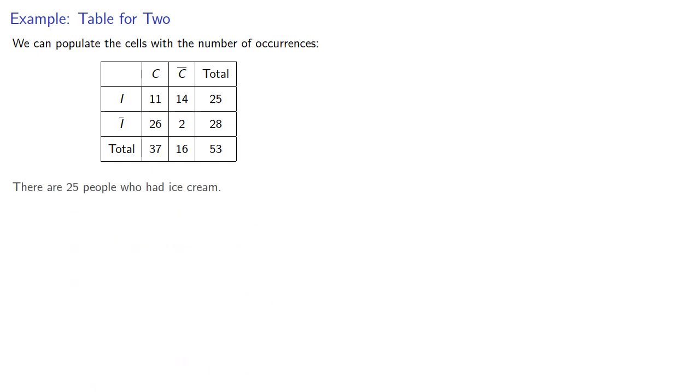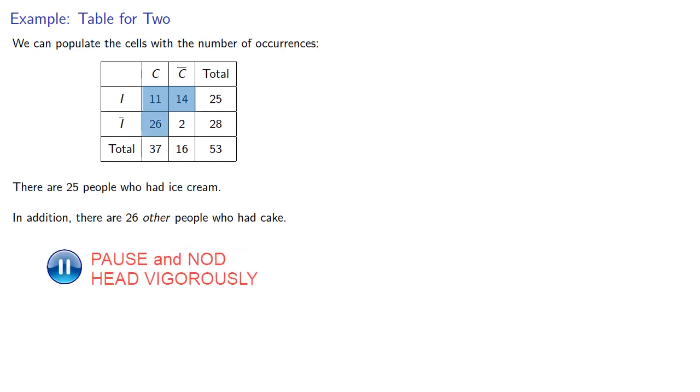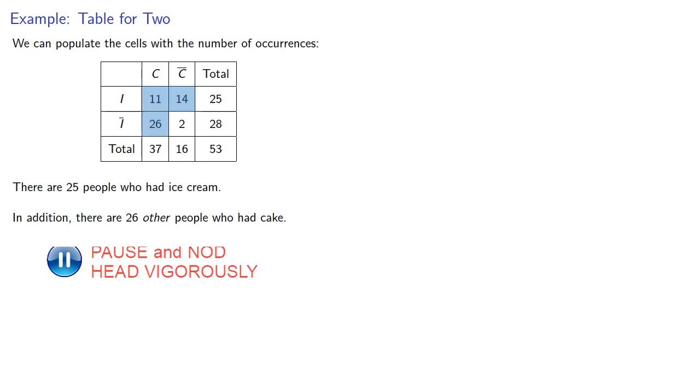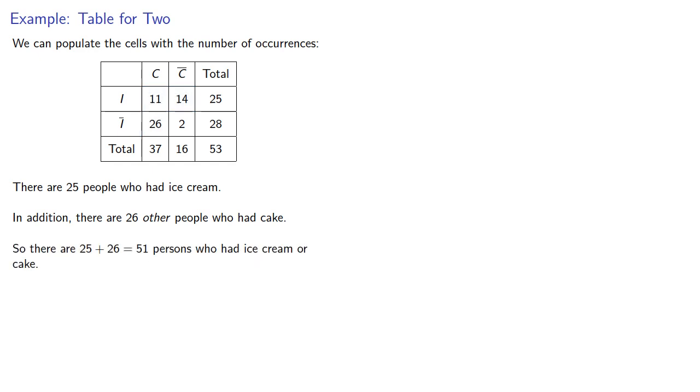And we see that this ice cream row tells us there are 25 people who had ice cream. In addition to these people, there are 26 other people who had cake. And so there's a total of 51 persons who had ice cream or cake.